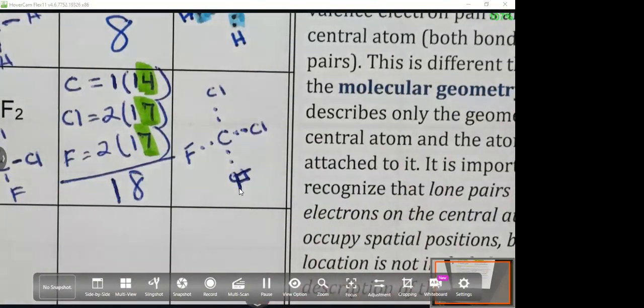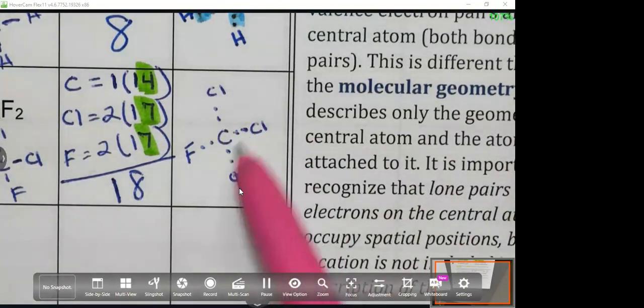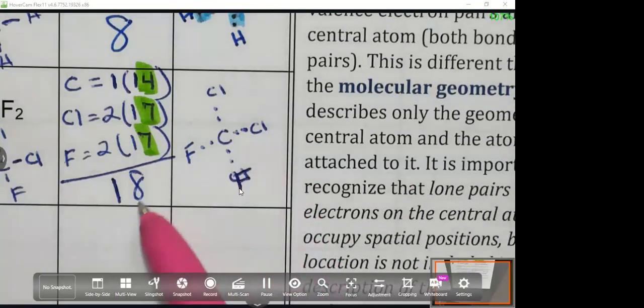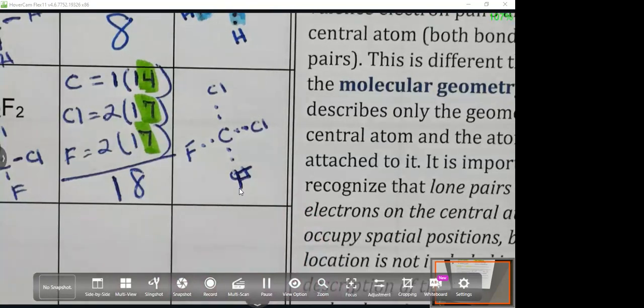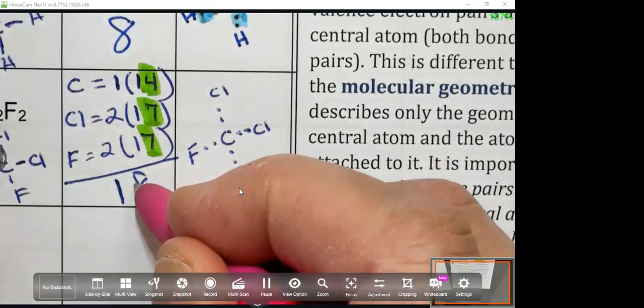Now, next step. So far, I have 8 electrons, right? No, 14, 28. I got 32 there. Oh, man. This is 32, right?